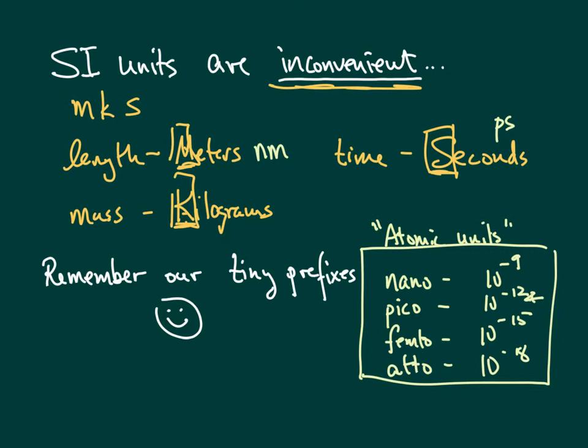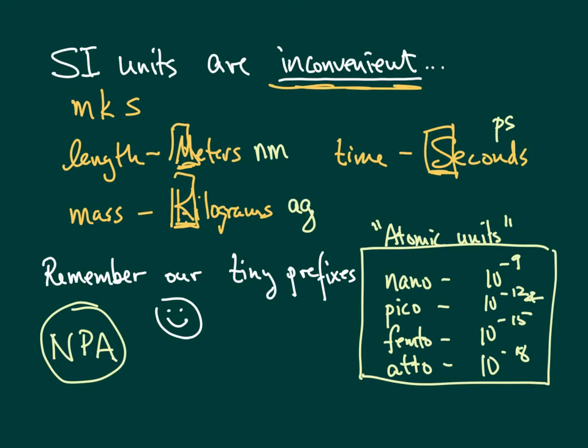And for our mass, let's use attograms. We'll call our new units the NPA unit system, which doesn't have a cool sounding acronym that I can think of, but maybe you're more creative than me.